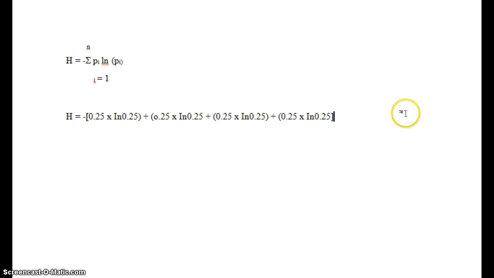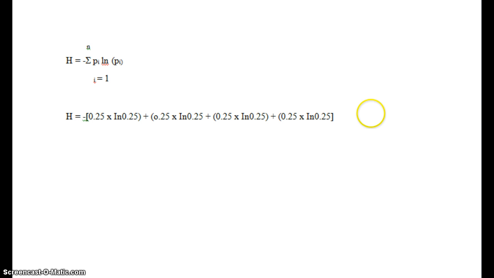H equals a negative 0.25 times ln 0.25. This is what the equation looks like with a community of 100 individuals that are evenly divided among 4 species.